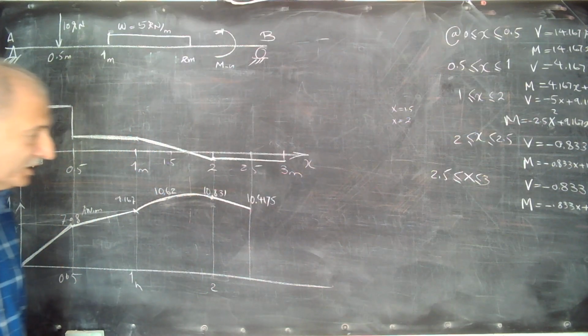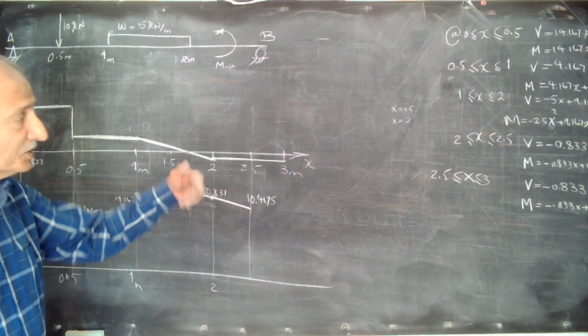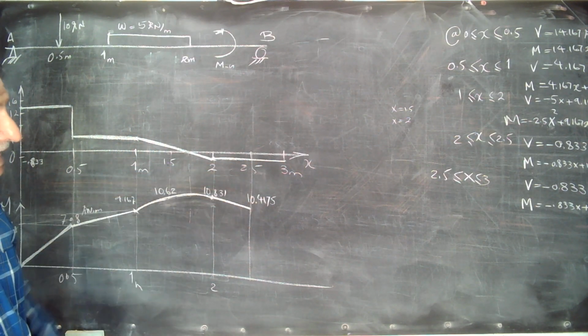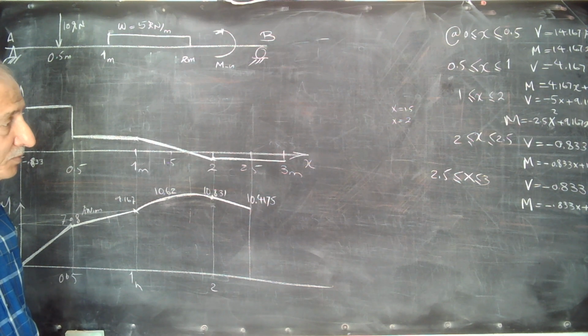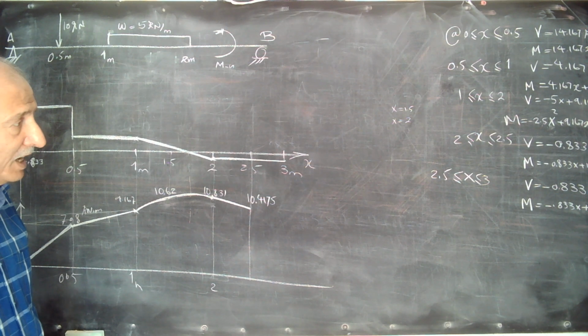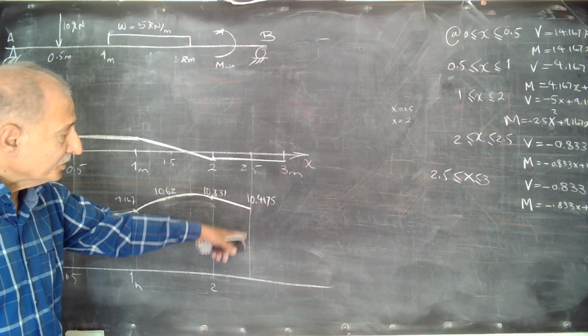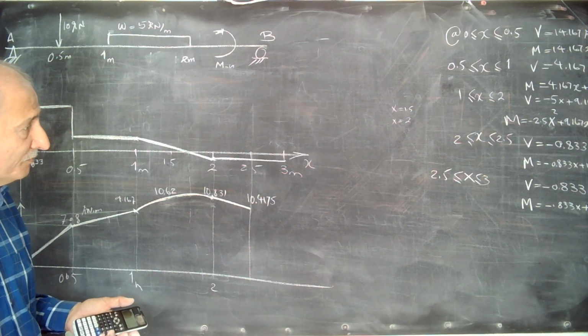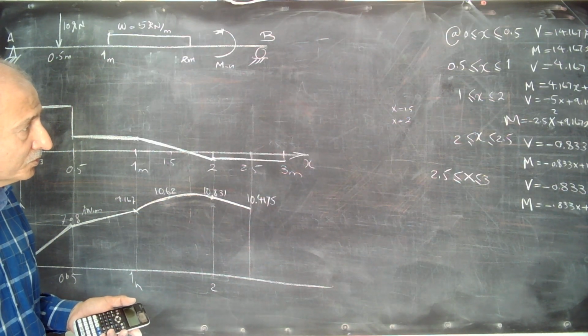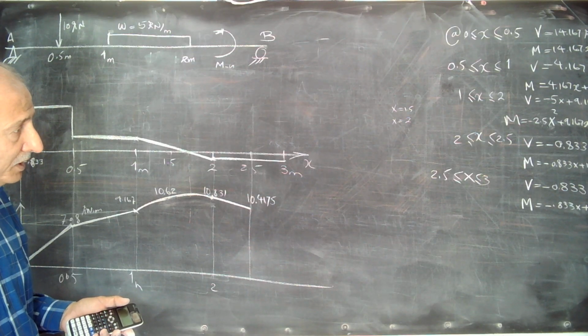Between 2.5 and 3, it is a straight line because the function is first degree, like y equals ax plus b. The last one is minus 0.833x plus 2.5. At 2.5, we have a value here.